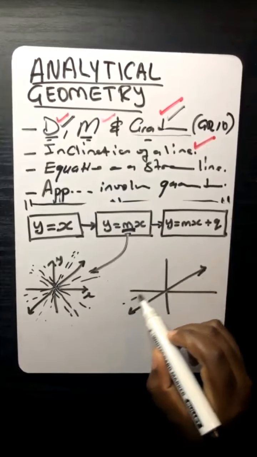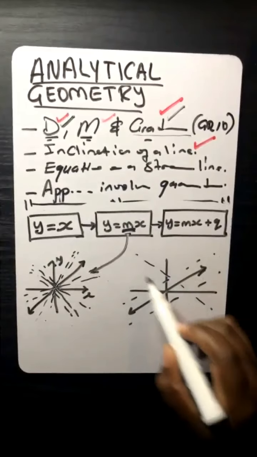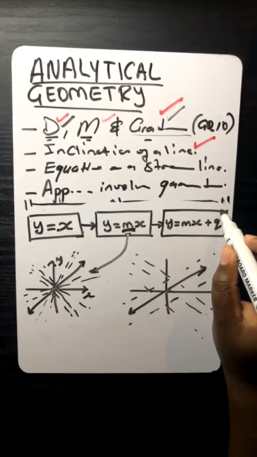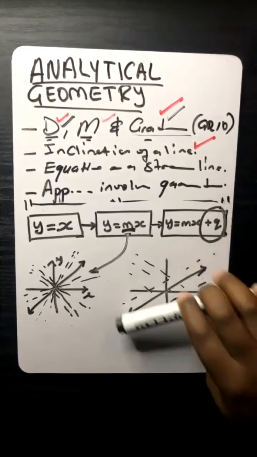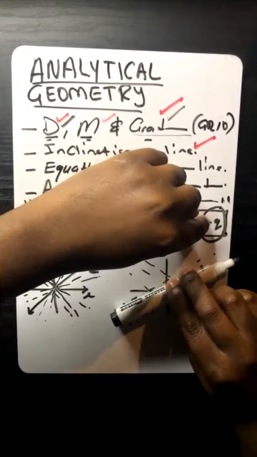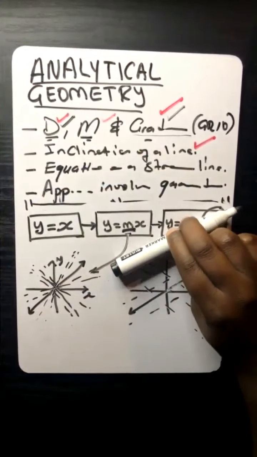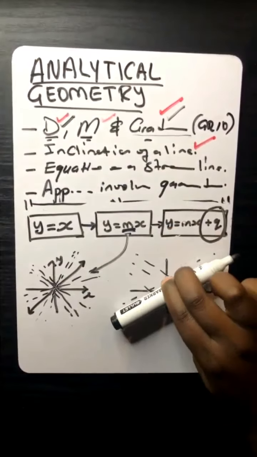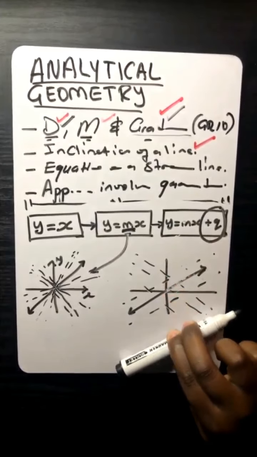So on a straight line formula, this talks about the vertical shift. If it's y is equal to mx plus 5, it means it moved 1, 2, 3, 4, 5 units upwards. If it's negative 7, it means from the origin it moved 1, 2, 3, 4, 5, 6, 7 downwards.